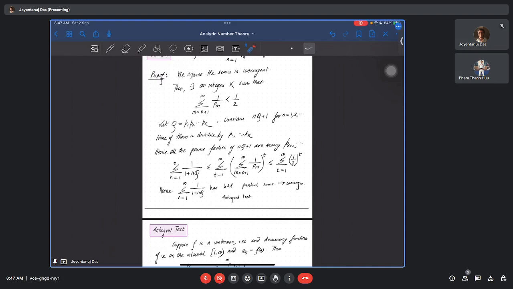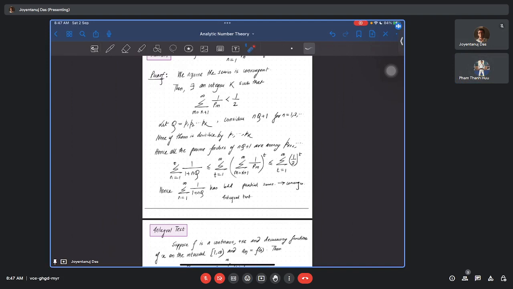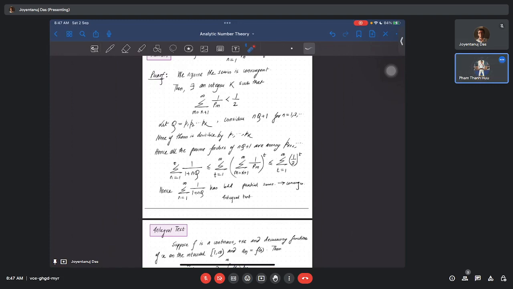Those things are there. That is a part of real analysis. We just review some of the concepts, not focus on them.